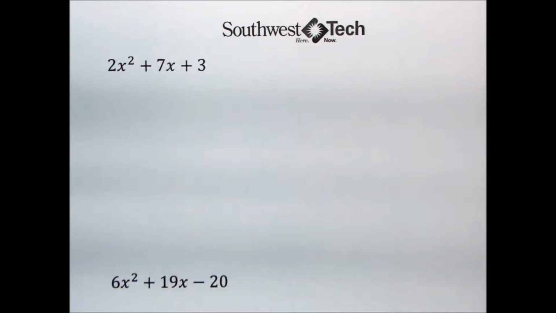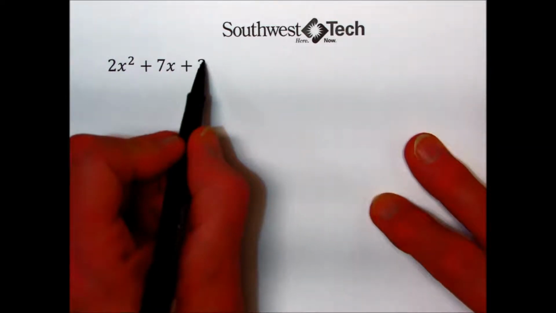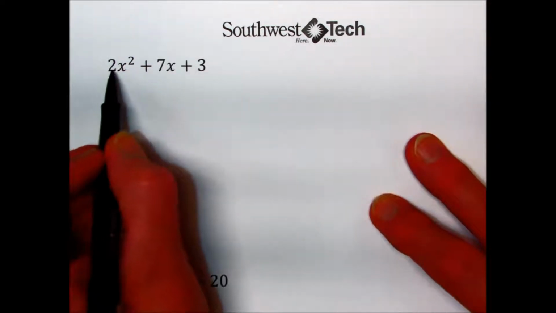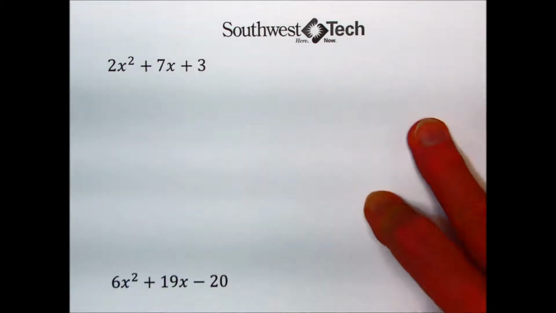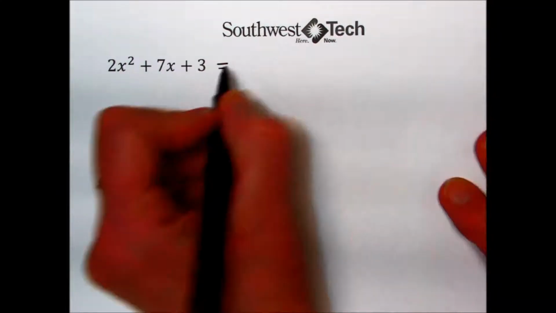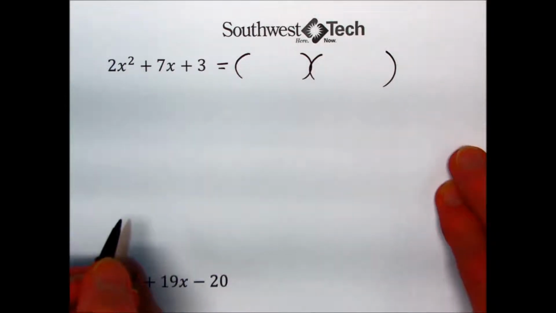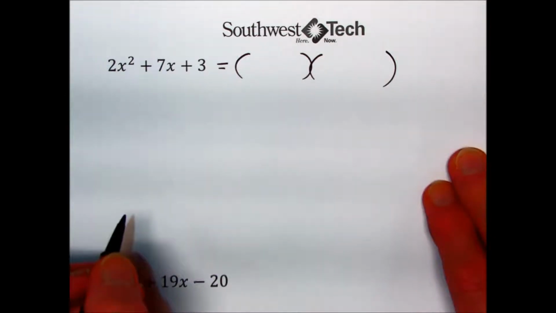So here we have a trinomial that they're asking us to factor. We no longer can use the what multiplies to give us this term and add up to give this, because now all of a sudden we have this 2 out here from our leading coefficient. So one of our procedures is to do the guess and check.